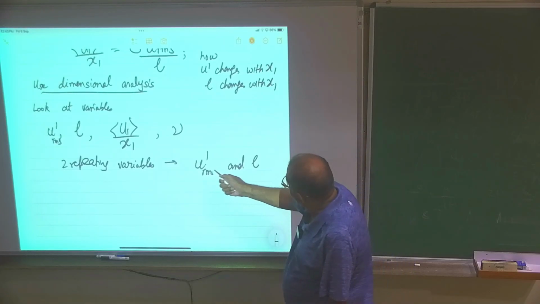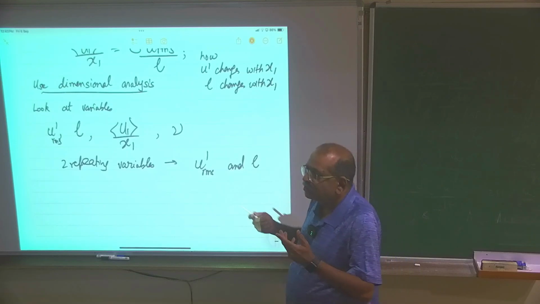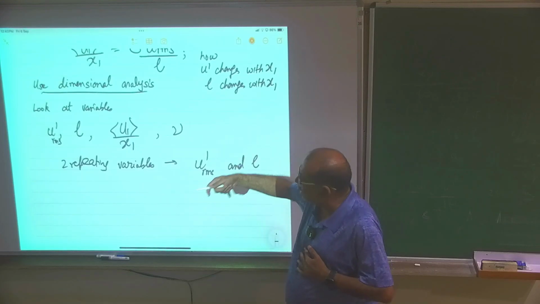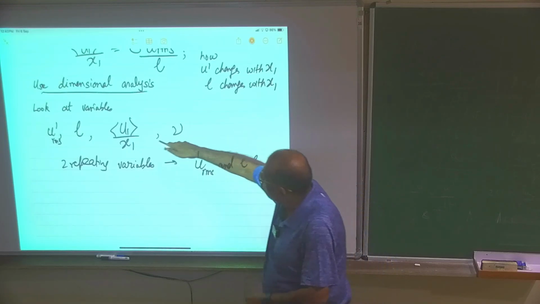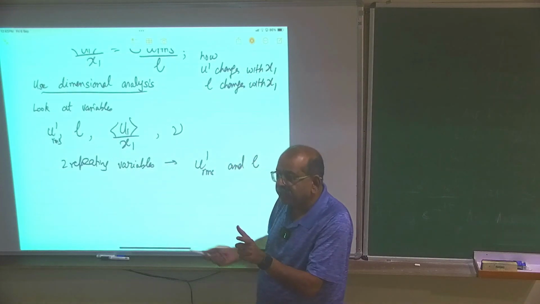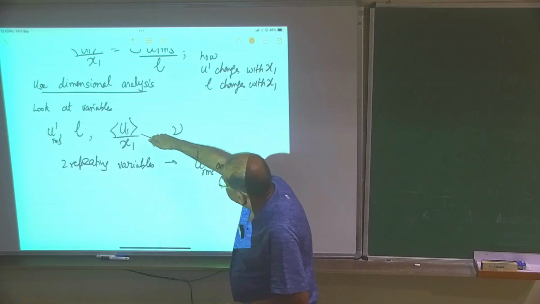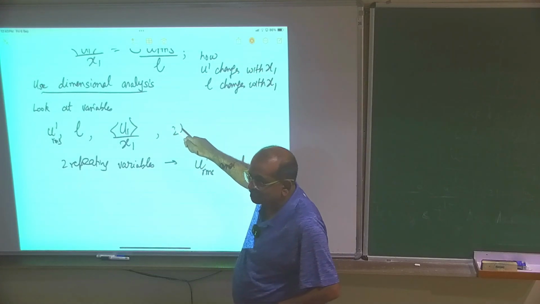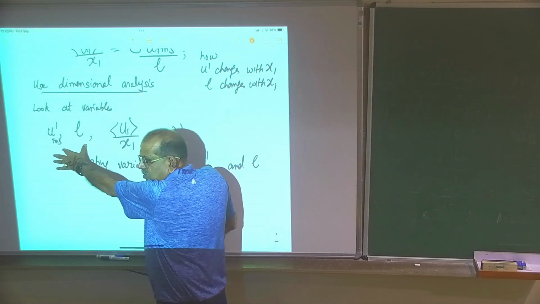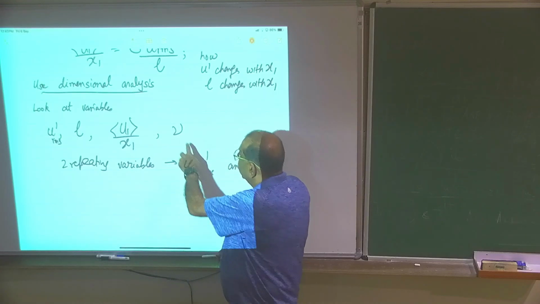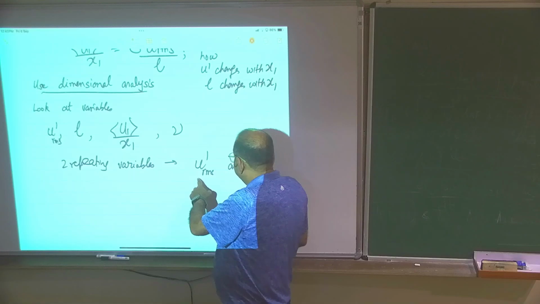So I choose u prime RMS and L as my repeating variables. When you do a dimensional analysis, you choose two of them which contain both L and T, and then we will non-dimensionalize the other two. So I will non-dimensionalize u1 by x1 in terms of these two, and I will non-dimensionalize nu in terms of these two.